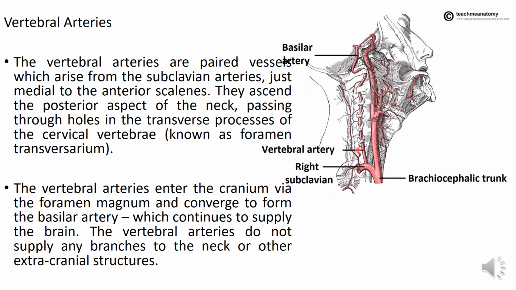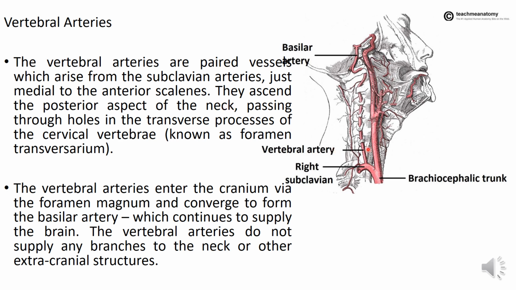Vertebral arteries are paired vessels, that is, we have a right vertebral artery and a left vertebral artery. They arise from the subclavian arteries on the right and left side. The right vertebral artery arises from the right subclavian and similarly the left vertebral artery from the left subclavian.